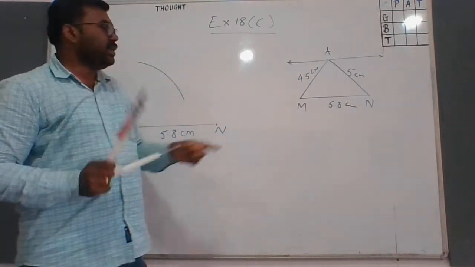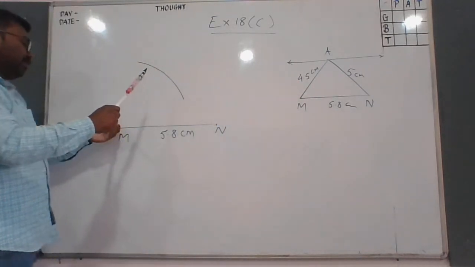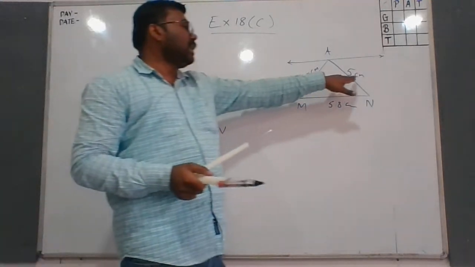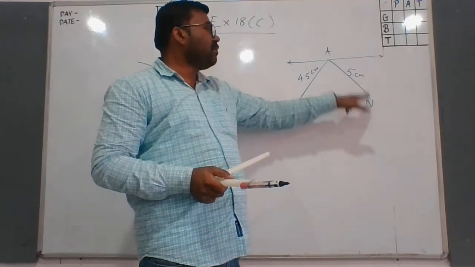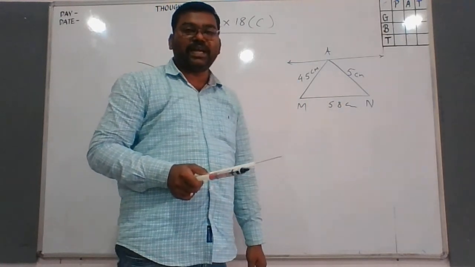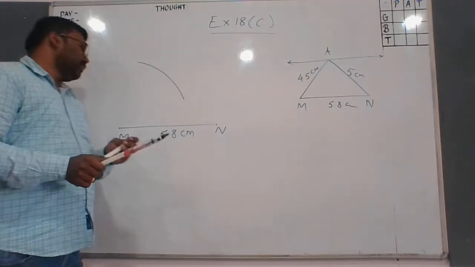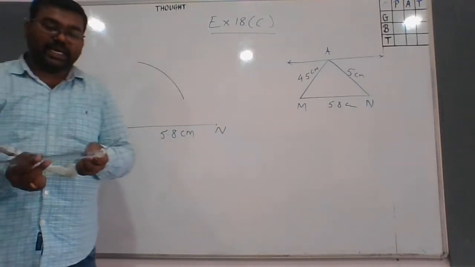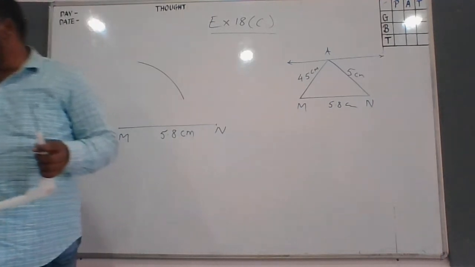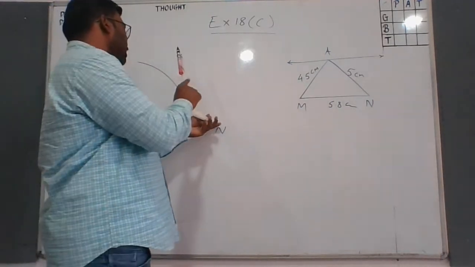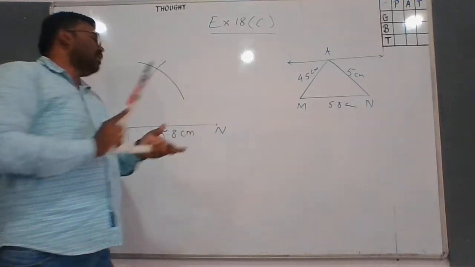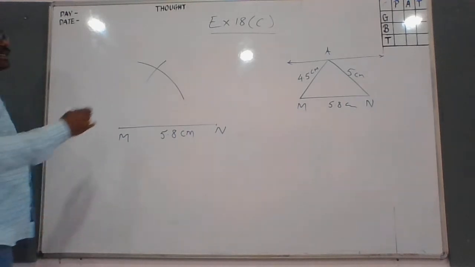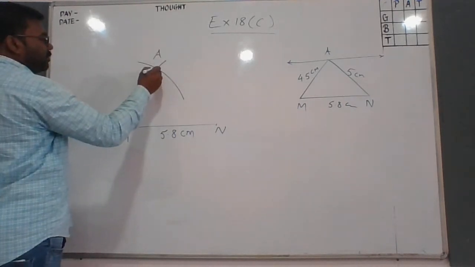So we have taken the radius of 4.5, put the pointer on M, draw the first arc. What is the second distance? 5 centimeter. From N it is 5 centimeter. Point A is at 5 centimeter. So again, we will take a radius of 5 centimeter with the help of our scale, and put the pointer on N, cut this arc. Okay. So wherever these two arcs are intersecting each other, this is the point A.